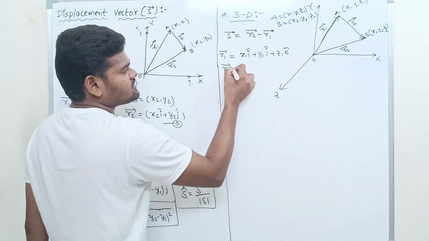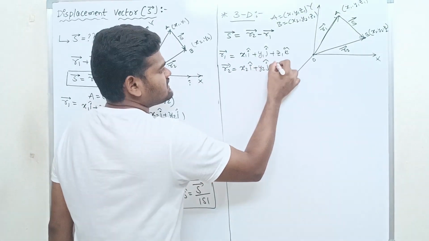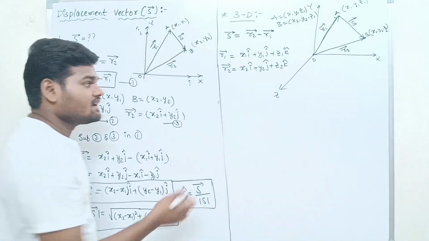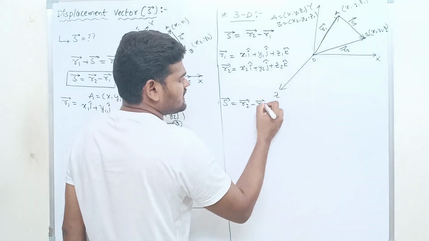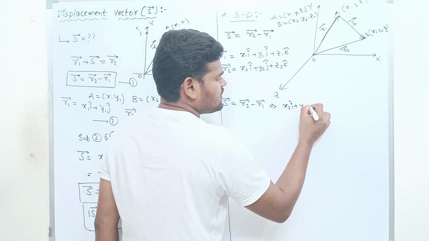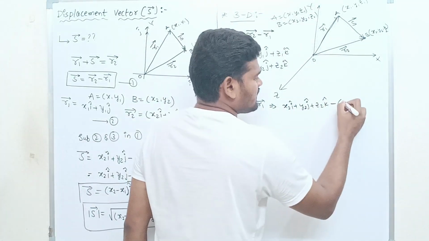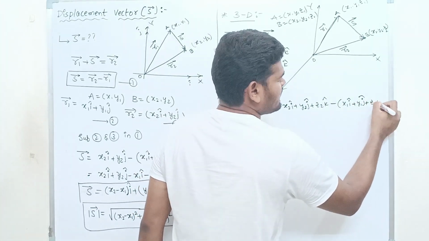And r2 bar is equal to x2 i cap plus y2 j cap plus z2 k cap. If you want to find the displacement vector, simply it is r2 bar minus r1 bar. So that is equal to (x2 i cap plus y2 j cap plus z2 k cap) minus (x1 i cap plus y1 j cap plus z1 k cap).